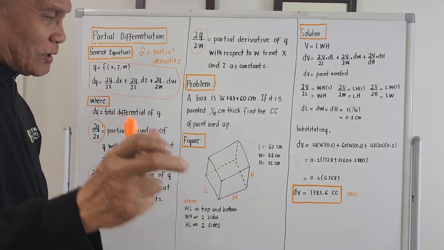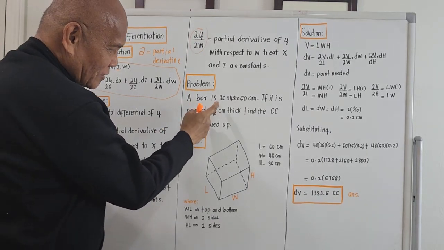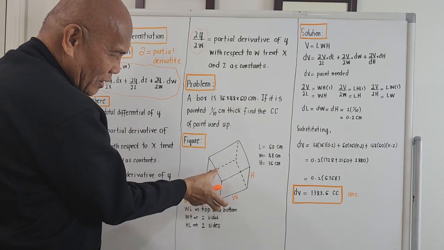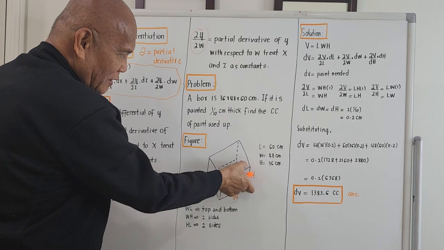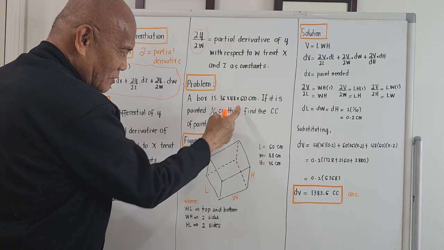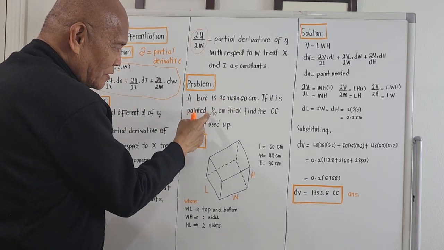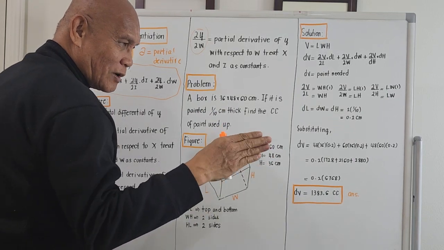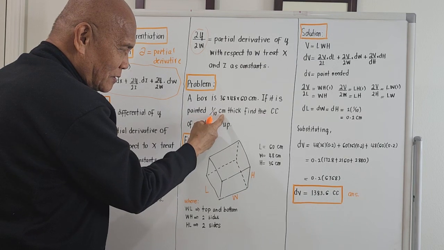Okay, I will try to read the problem. A box is 36 by 48 by 60 centimeters. We are given the rectangular box. The length, width, and height are given. So this is 36 by 48 by 60 centimeters. If it is to be painted 1/10 centimeter thick, the thickness of the paint that will be painted is 1/10 centimeter.